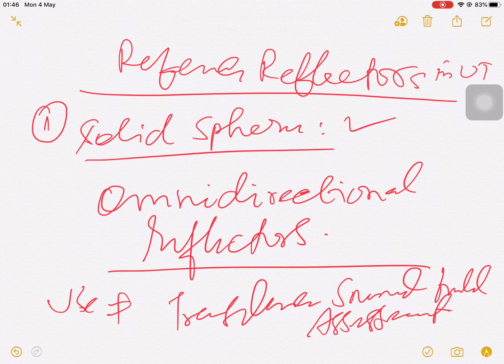Okay, so for the solid sphere, do you understand what the characteristic is? Omnidirectional reflector, and it is used for transducer sound field assessment.